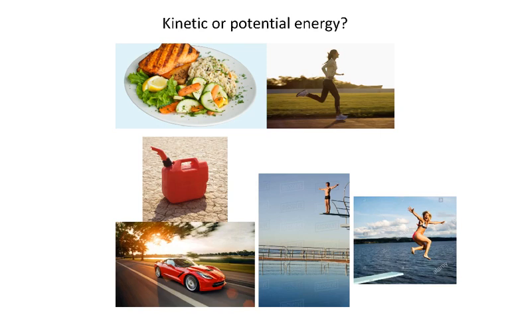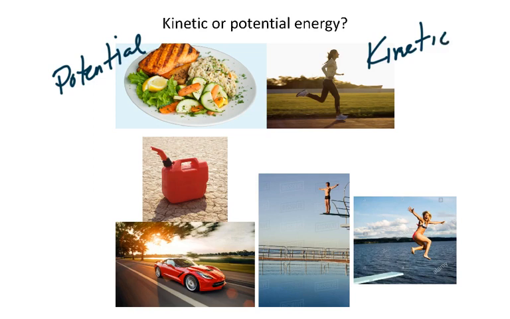A plate of food has potential energy based on the stored composition of the food. And then, of course, your body can break it down and convert it into kinetic. So this woman running has the energy of motion, most generally.